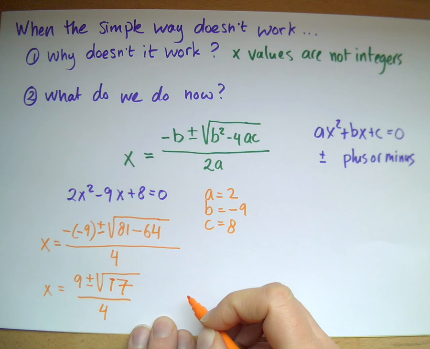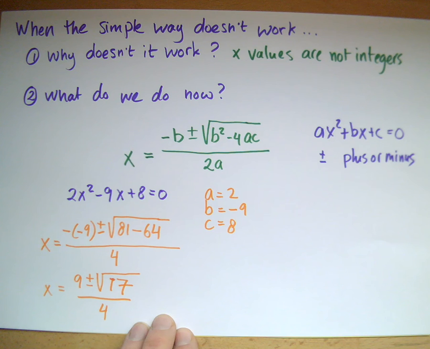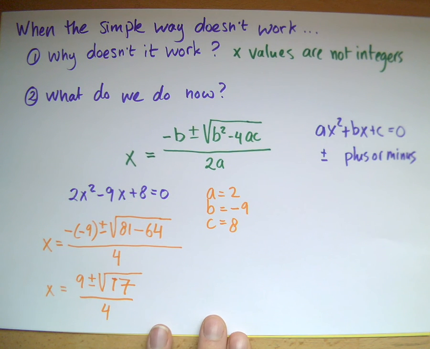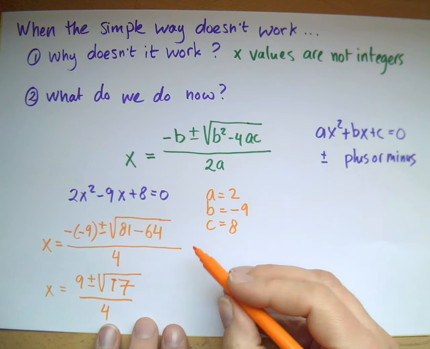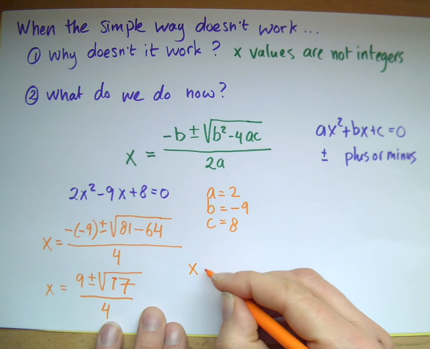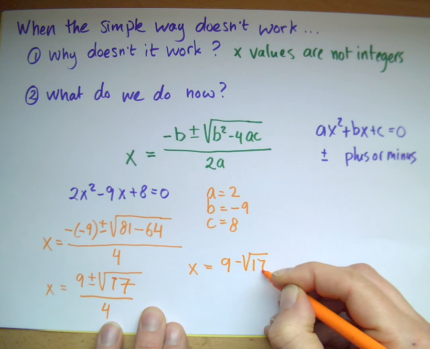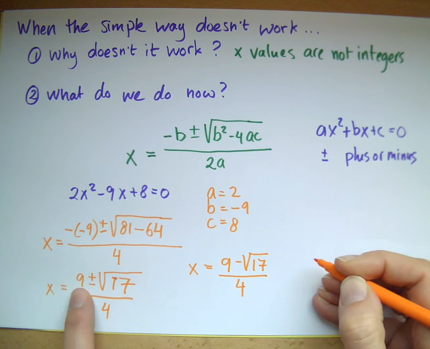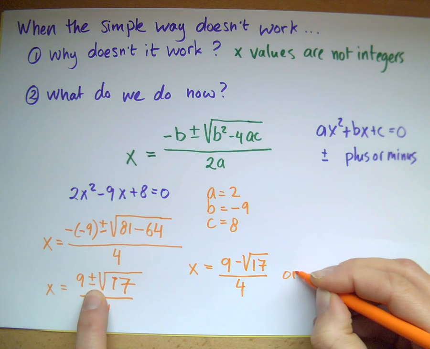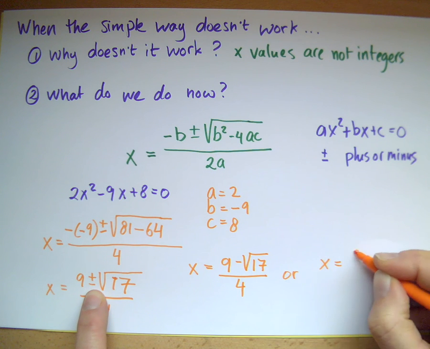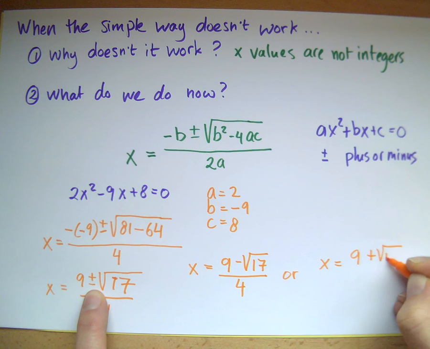We need the square root of 17. Oh my goodness, I don't have my calculator. Oh, that's annoying. Okay, so one of the answers is going to be x equals 9 minus the square root of 17 divided by 4, right? And the other answer is going to be x equals 9 plus the square root of 17 divided by 4.